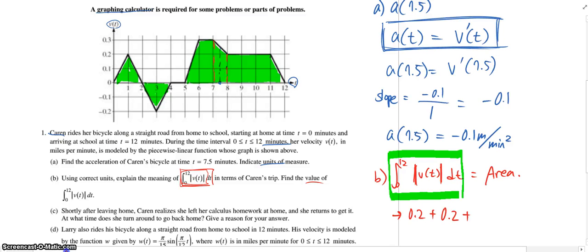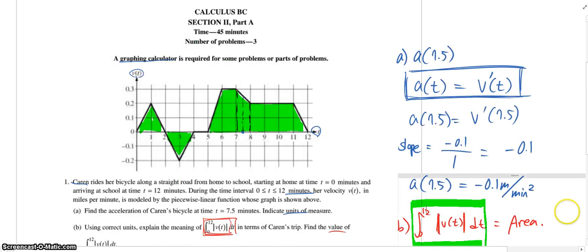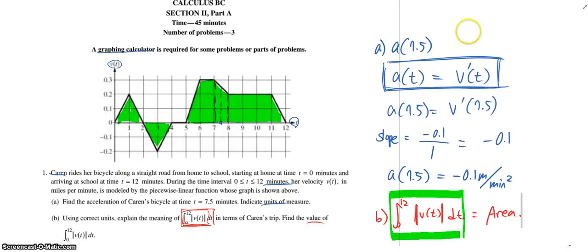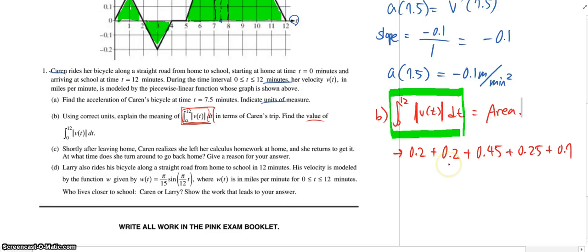They will be 0.45 from 5 to 7, 0.25 from 7 to 8, and 0.7 from 8 to 12 minutes. When we add all of these up, it ends up being 1.8.